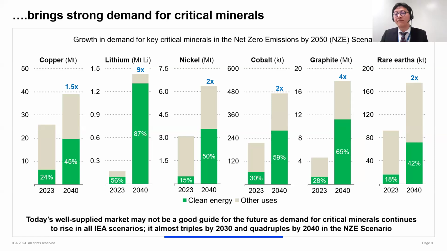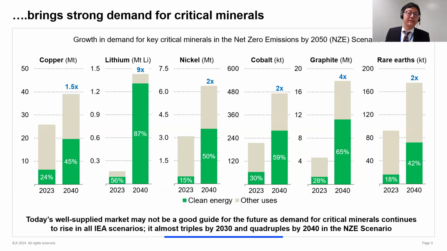Graphite is another material showing a fast pace of growth, with 4-fold growth due to its important role in anode chemistries. Likewise, demand for nickel, cobalt, and rare earth elements all doubles over the next two decades. And copper demand increases by 50%, but it registers the largest absolute volume growth among the six materials we are tracking.